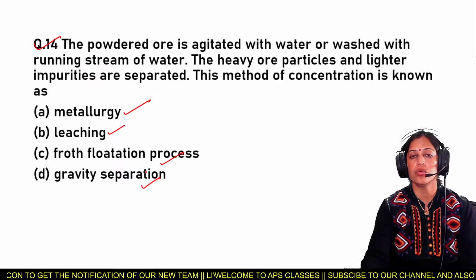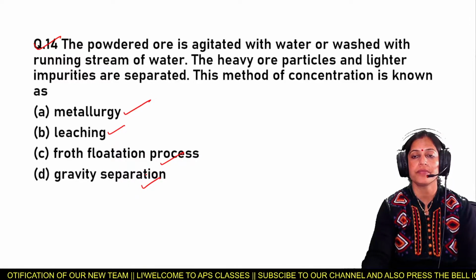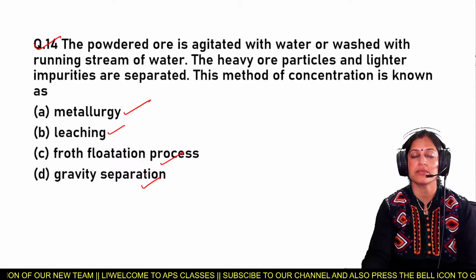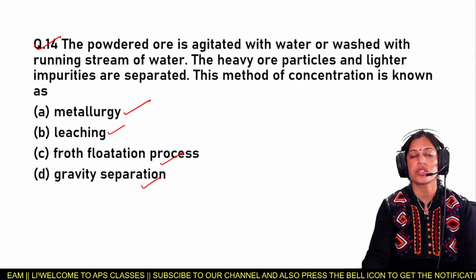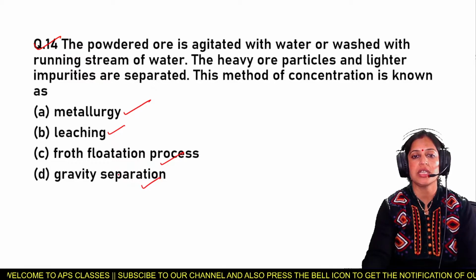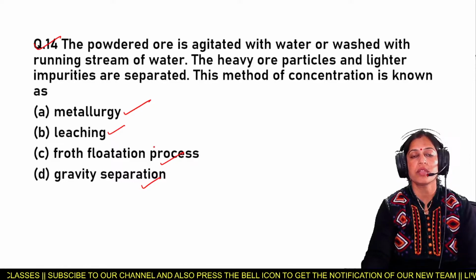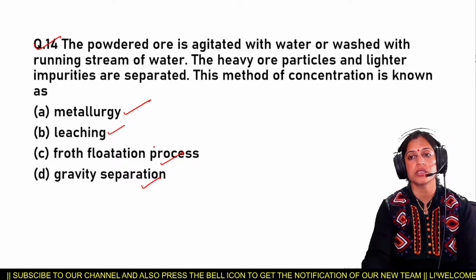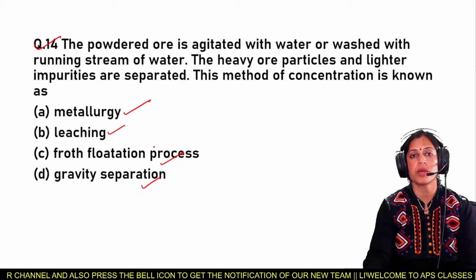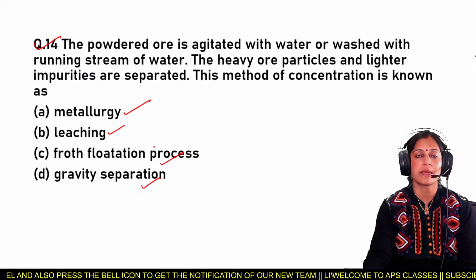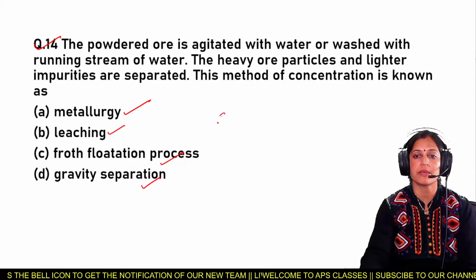If the powdered ore is agitated with water or washed with the running stream of water, then the heavy ore particles and lighter impurities are separated. So this method of concentration is known as either metallurgy, leaching, froth flotation process, or gravity separation. This method of concentration is known as gravity separation.